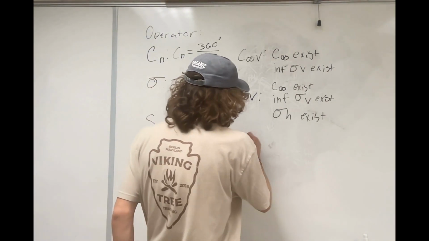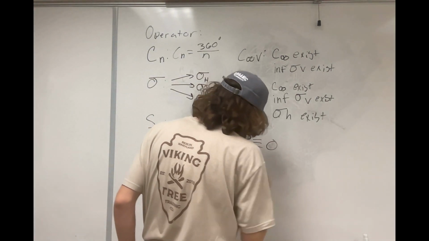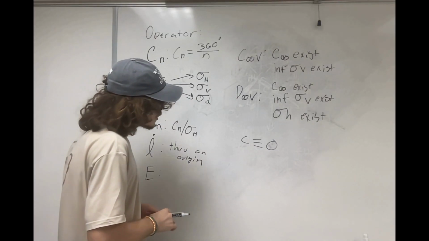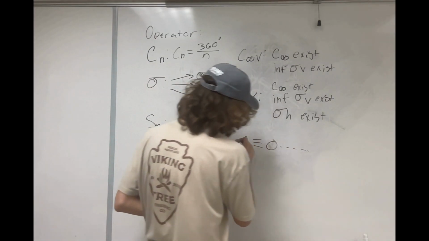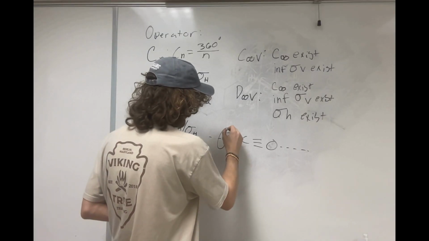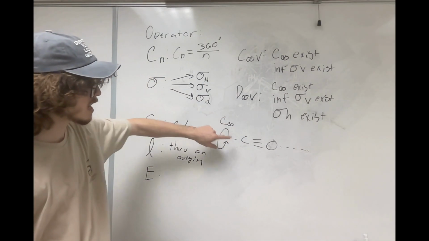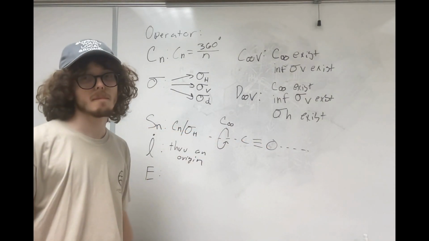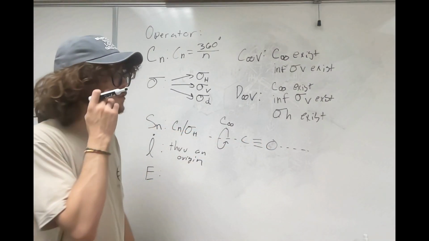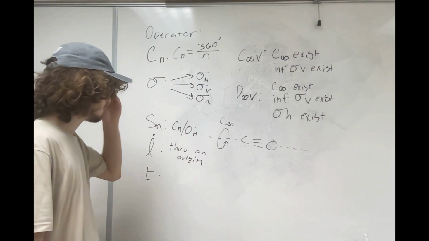Let's say we have carbon monoxide. Okay? We have a principal axis right here, and this is C infinity, because I can rotate this an infinite amount of times and I will still get back the same symmetrical molecule.